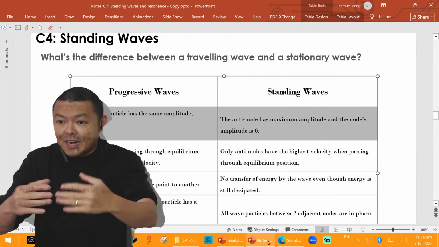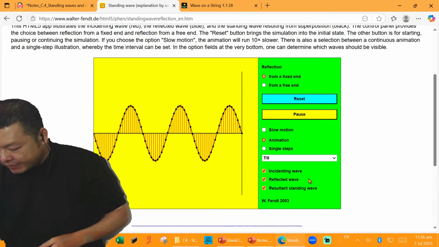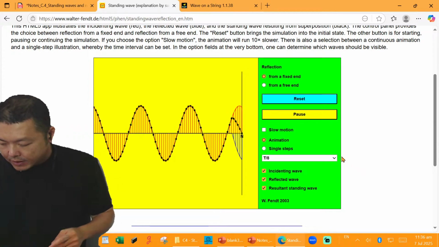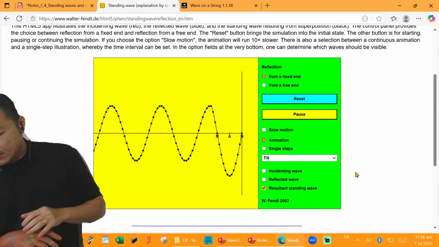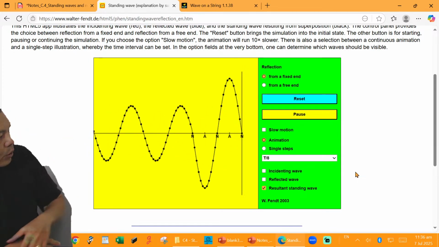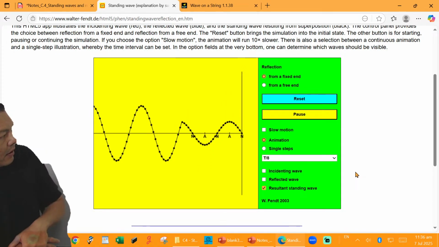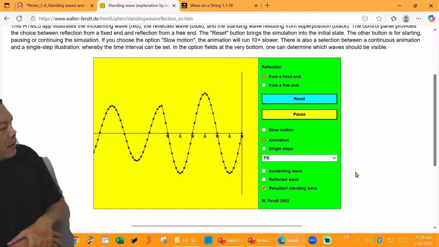But once you create a standing wave, then the particles will behave differently. If you look at the standing wave that's being created, let me get rid of this incident and reflected wave, because let's just get to the point where you get a standing wave. It's taking a little while because it's traveling backwards.